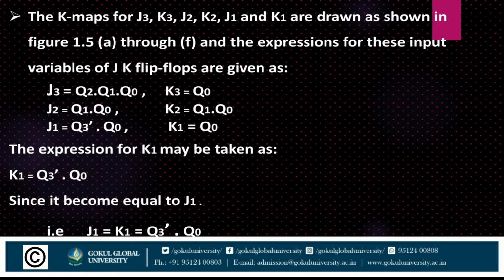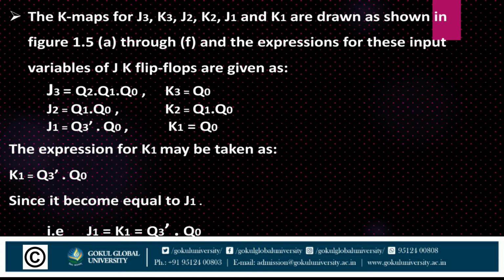So the K-maps for J3, K3, J2, K2, J1 and K1 are drawn as shown in figure 1.5 in the next slide. The expressions for the input variables of the JK flip-flops are given as: J3 is equal to Q2 dot Q1 dot Q0 and K3 is equal to Q0.